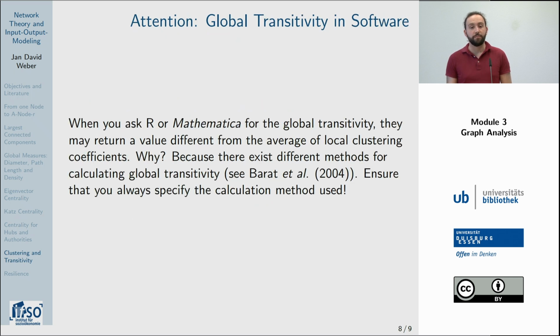The case is, be careful, global transitivity measurements have, especially in software packages, a different calculation. There are different algorithms. So whenever you state global transitivity measures, make sure to also state which kind of global transitivity you're talking about, so people are not getting confused.